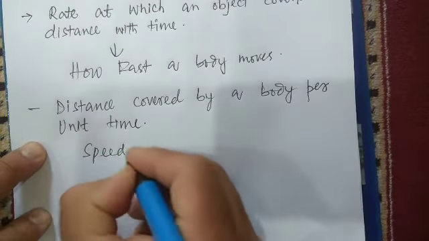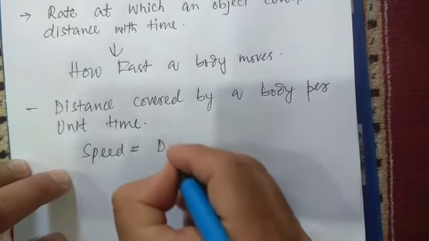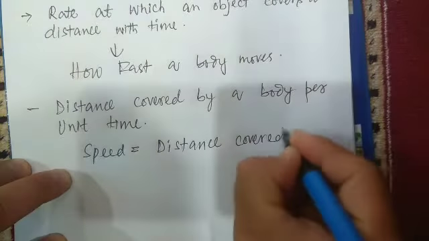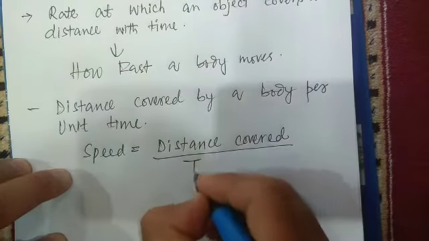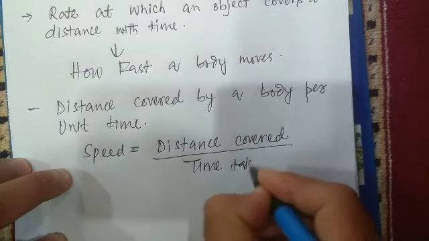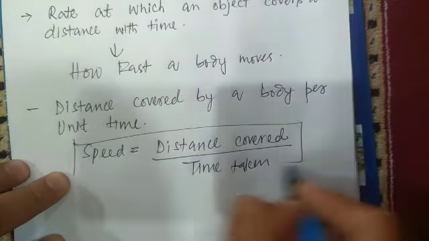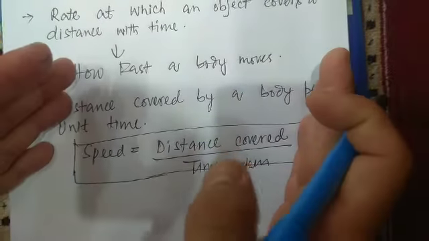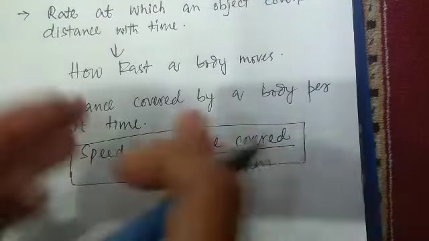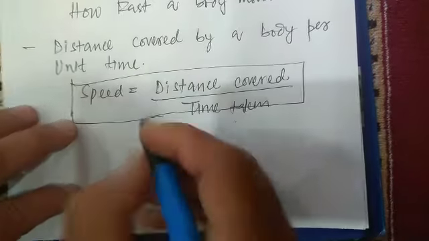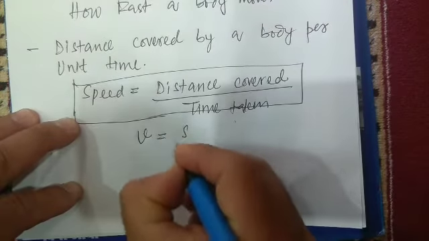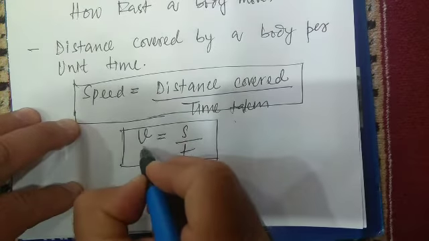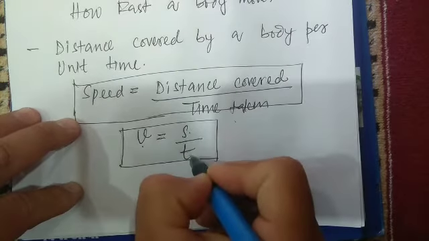Speed is called distance covered by time taken. How much distance is covered by a body and how much time it took to cover that distance is known as the speed. The formula is V equals S by T, where V is speed, S is distance, and T is time taken.